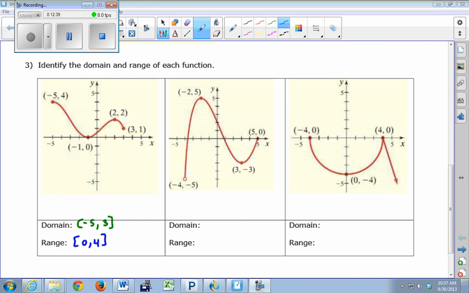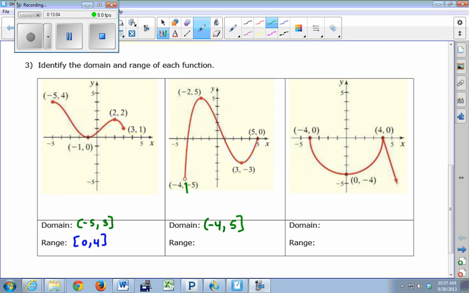Okay, table 2, how about the domain? Okay, now why did Mary say a parenthesis at -4? Right, because that point has an open circle. So that means it's not defined, it's not part of the function.